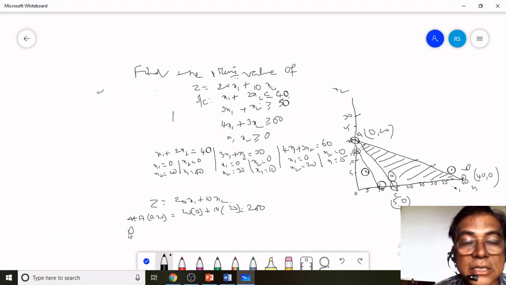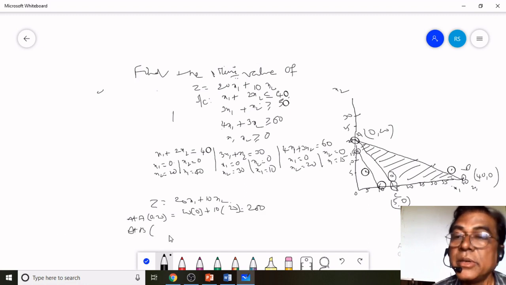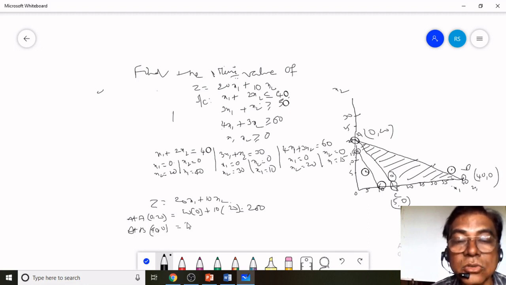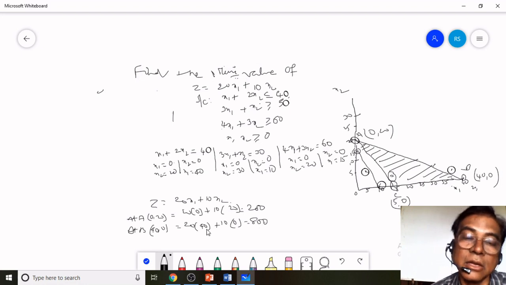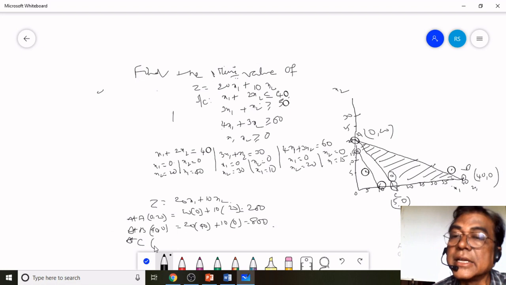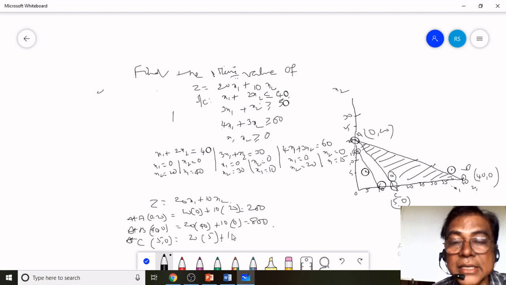At B, the coordinates are (40, 0). So 20 into 40 plus 10 into 0 is 800. At C, the coordinates are (5, 0). It means 20 into 5 plus 10 into 0, that is equal to 100.